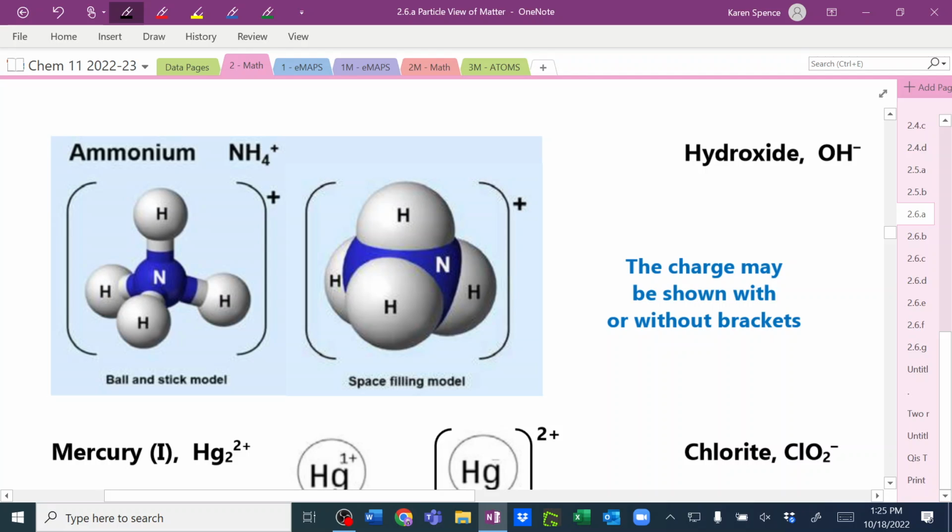Now, I have a nonmetal stuck to a nonmetal.